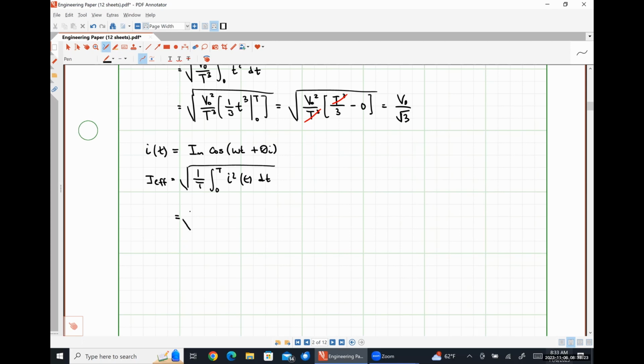Okay. So plugging in the parameters for this particular waveform, 1 over T is going to look like omega over 2 pi. I'm going to be integrating from 0 to 2 pi over omega. This is going to be Im cosine of omega t plus theta I, quantity squared, dt.